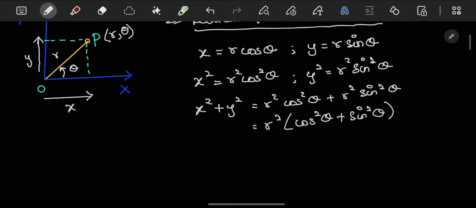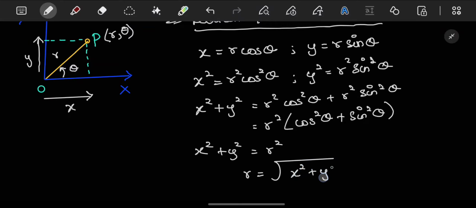So we know that cos square theta plus sin square theta is equal to 1. We'll get that x square plus y square is equal to r square, or we can write r is equal to square root of x square plus y square.